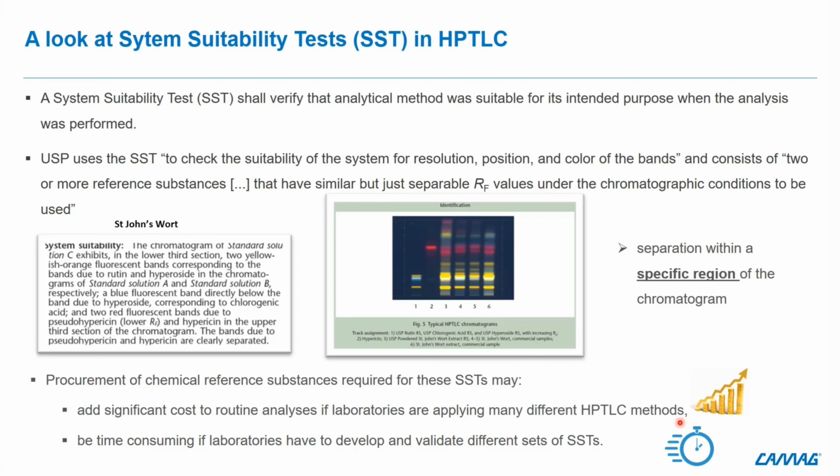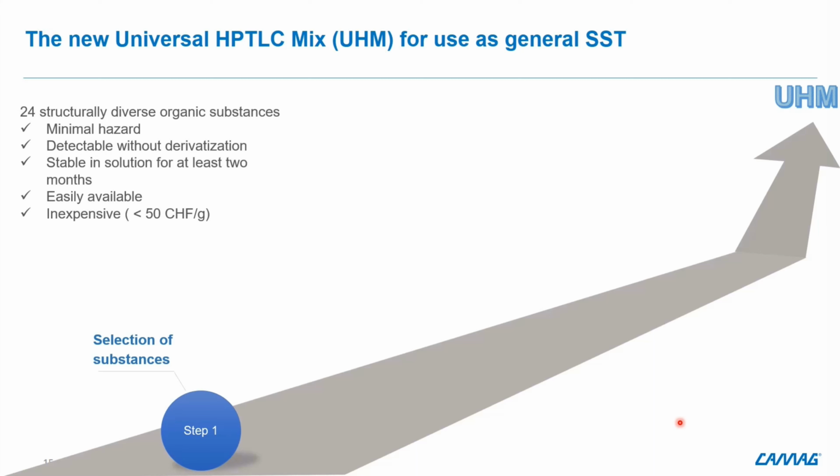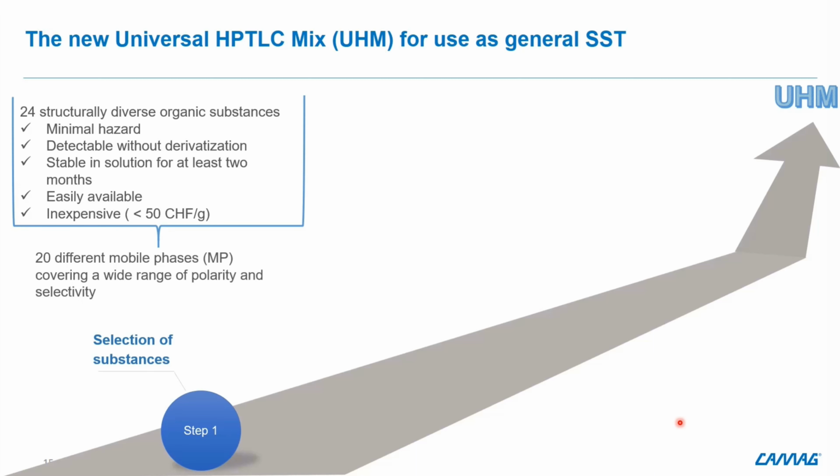This is why I would like to show you another new concept for HPTLC here. And this is the new Universal HPTLC Mix, or short UHM, for use as general SST. The introduction of a universal HPTLC mix usable with many different developing solvents of different polarity. So for the development of a universal HPTLC mix, in a first step, 24 organic substances were tested with 20 different developing solvents.